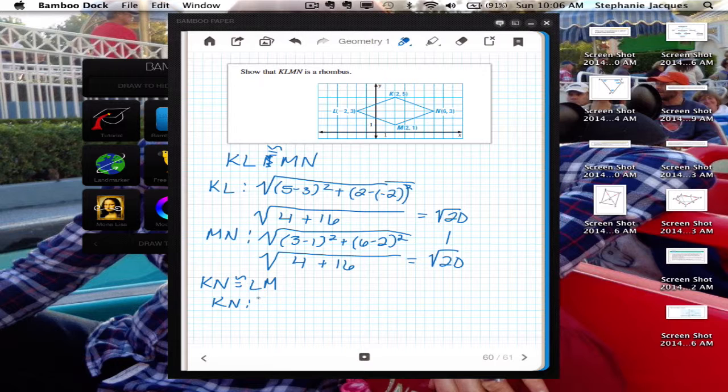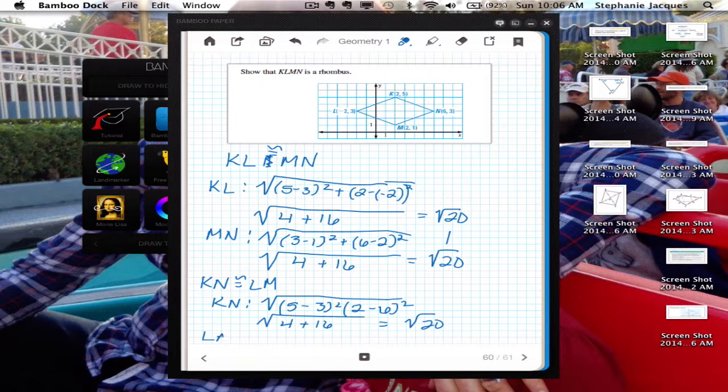KN is going to be the square root of 5 minus 3 squared and 2 minus 6 squared. So I'm going to have a 2 here, which is 4, and then I'm going to have a negative 4 there, so 4 plus 16, which also gives me a square root of 20.